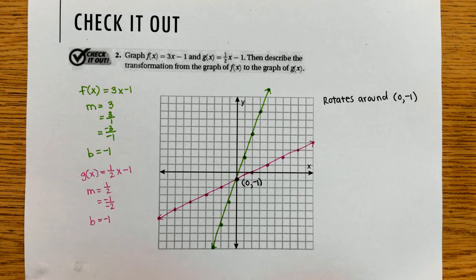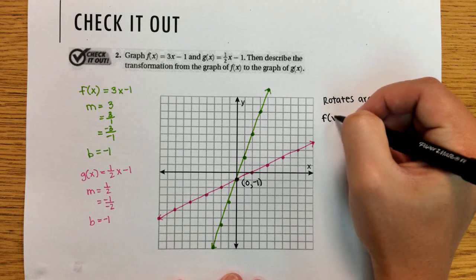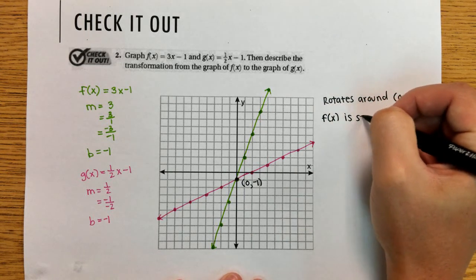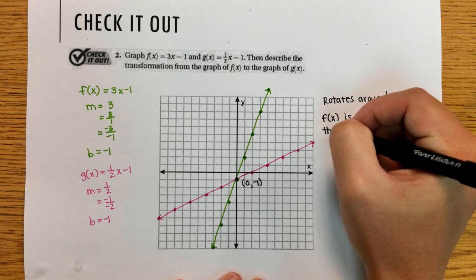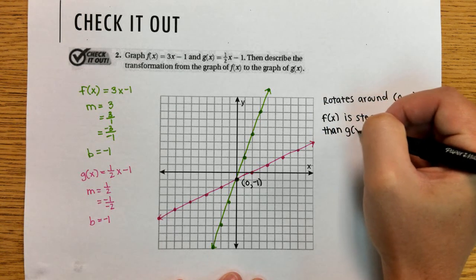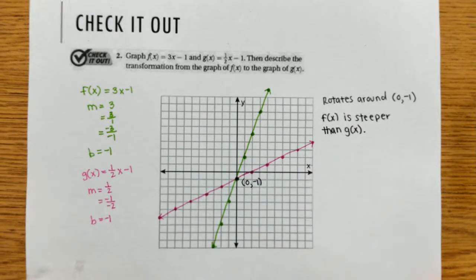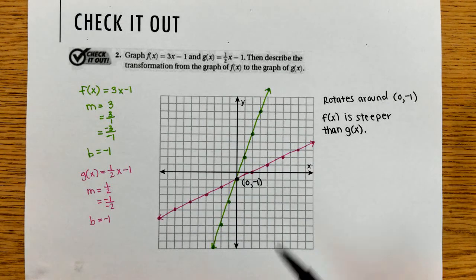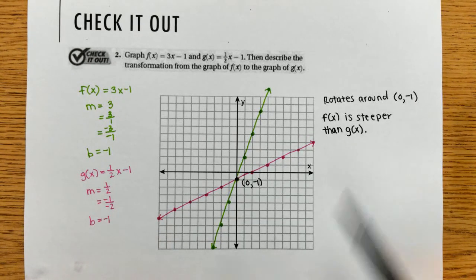And then here, f of x is steeper than g of x. So we're going from really steep to not so steep, if you're thinking about it in terms of moving from f of x to g of x. So we have a rotation around 0, -1, and f of x is steeper than g of x.